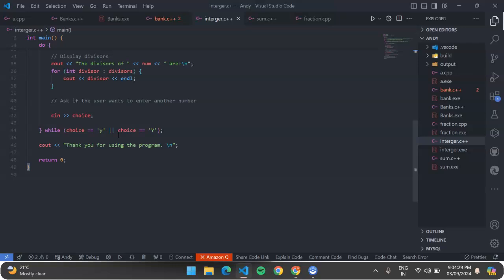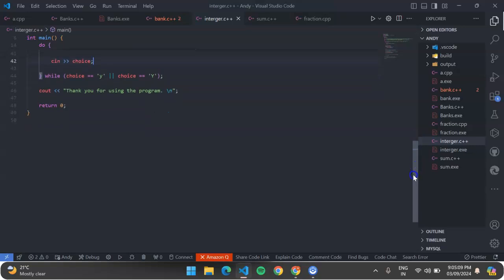When a person enters a negative or a zero and still wishes to continue entering positive integers, the system should ask if he still wants to enter other numbers. If the person doesn't wish to, he will press N to terminate. Once the person terminates the program, it should display the output "Thank you for using this program," and our return is 0.